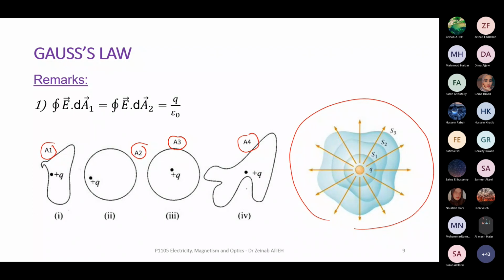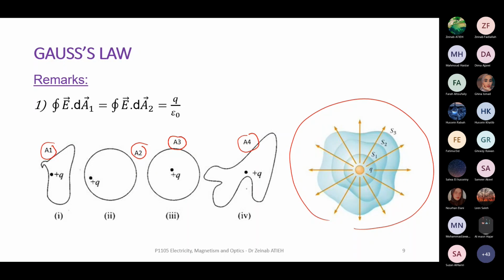You can see the lines of field, the lines that are colored in brown. The number of lines of field crossing S1 is the same as the number crossing S2 and the same as the number crossing S3. This is the reason the integral E·dA over S1 is the same as over S2 and over S3, because integral E·dA is the electric flux, the number of lines of field crossing an area. And logically, the field goes from the center outward, so whatever passes through this surface will also pass through that one.